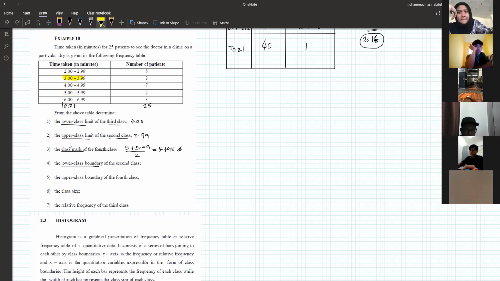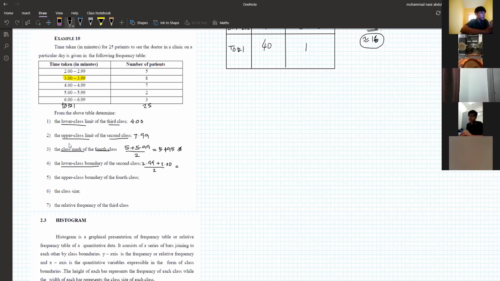Since upper class limit for the first class is not equal to lower class limit, so lower class boundary is 2.99 plus 3.00 divided by 2, it should be equal to 2.995.